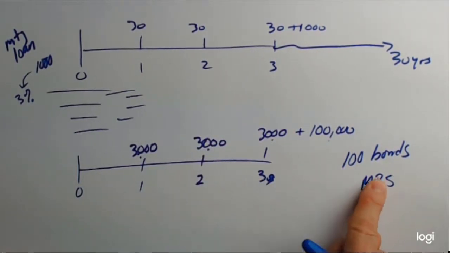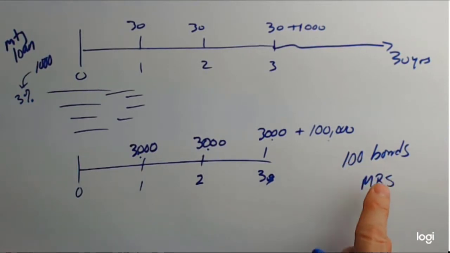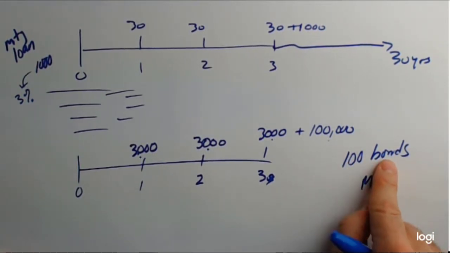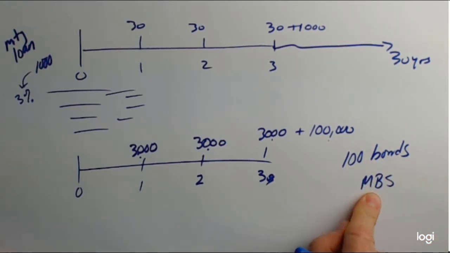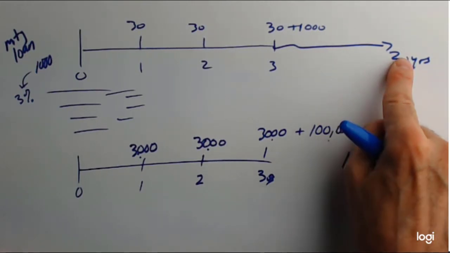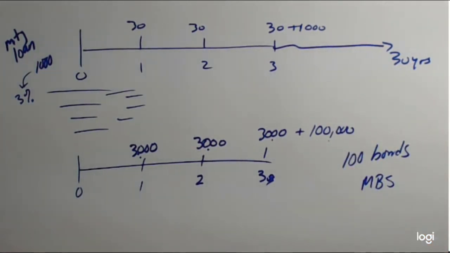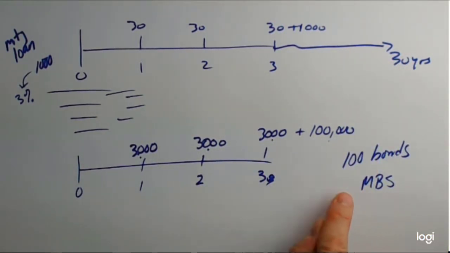So these bonds are at risk of being paid off early. You may get your money back way faster if you buy a mortgage-backed security that has 30 years. Well, you're not going to find one that has 30 years because most mortgages go 30 years, and if the mortgages are 30 years, there's no way these mortgage-backed securities will go 30 years in general. And it's not just because of prepayment risk.